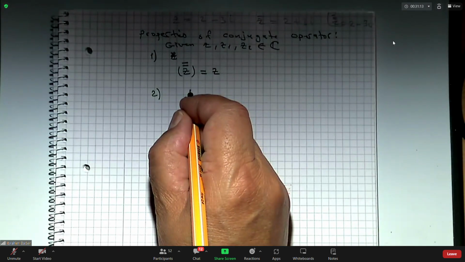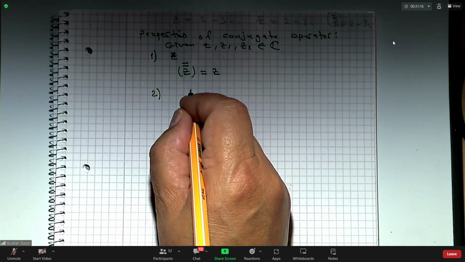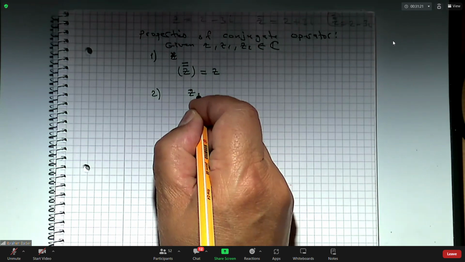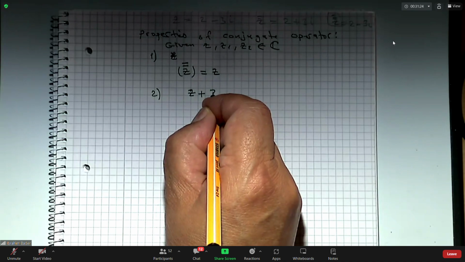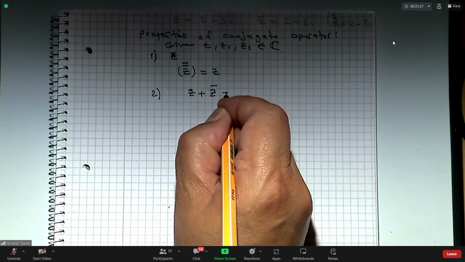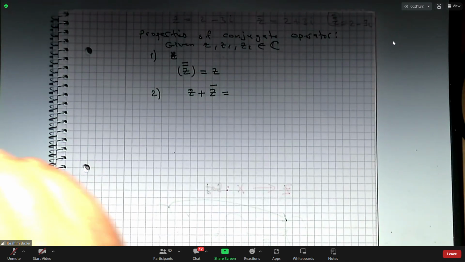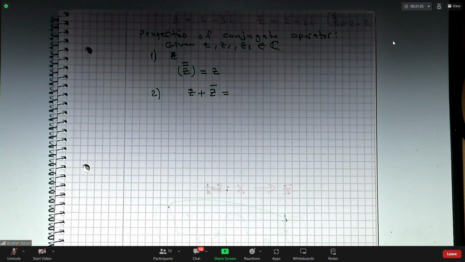Now I will just write the property here, and then we will do it to the right. What do you expect if I add a number to its conjugate? If you have, yes, you will be getting twice the real part, right? Why?